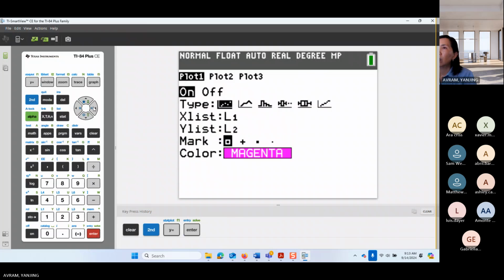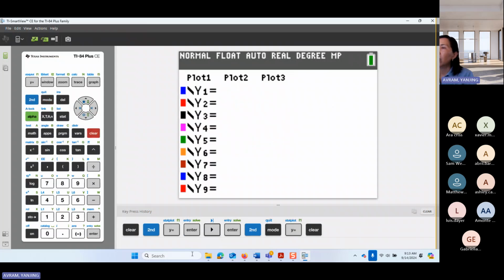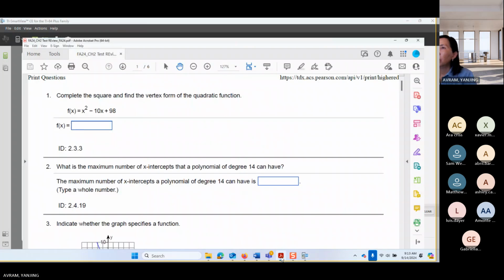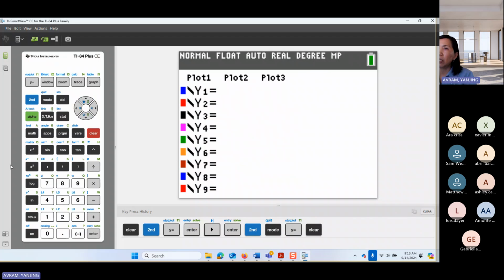All right, I just want to clear my statistic plot. So you want to turn off the statistic plot. All right, so let's look at my y equation: x squared minus 10x plus 98.